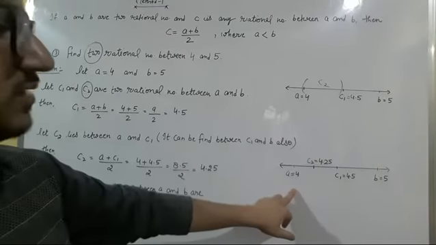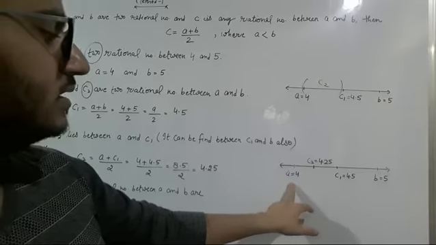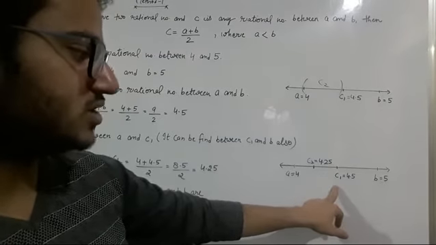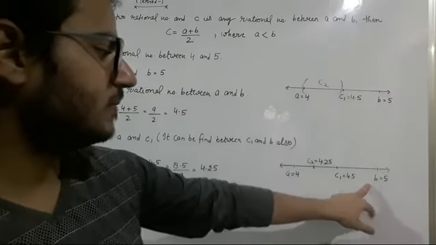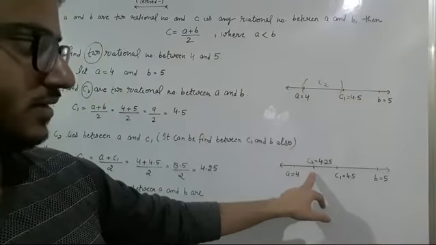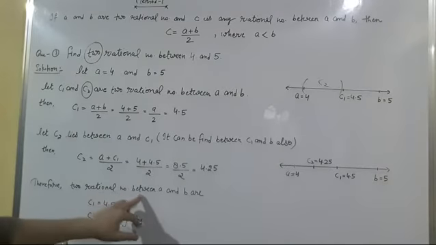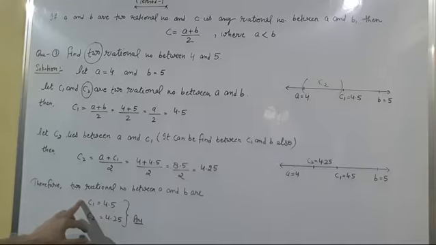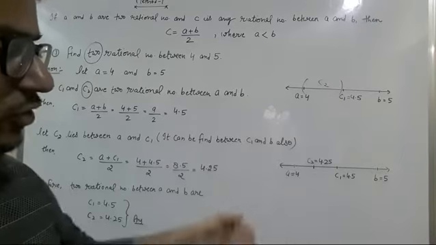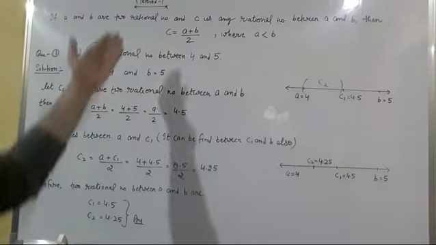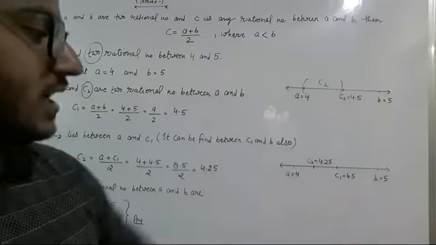You can see in the given diagram, a equals 4, b equals 5. c1 is the first required rational number between a and b, and c2 is the second required rational number between a and c1. Therefore, two rational numbers between a and b are c1 equals 4.5 and c2 equals 4.25. By following this method, we can find infinitely many rational numbers between 4 and 5.